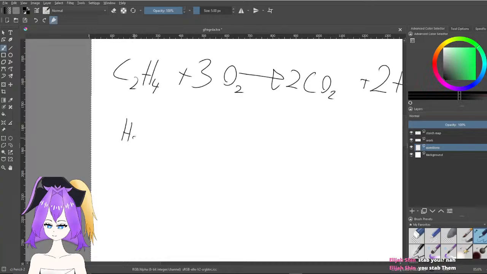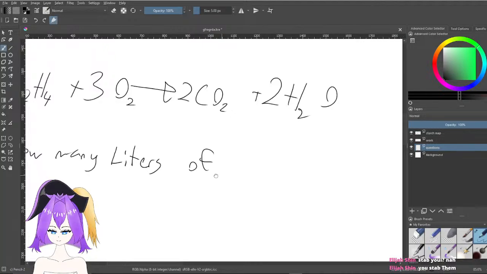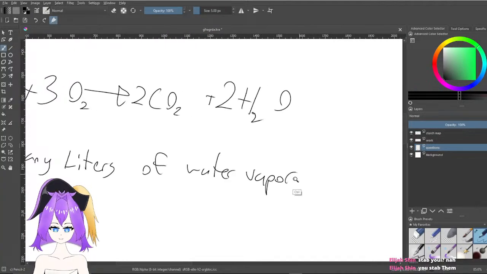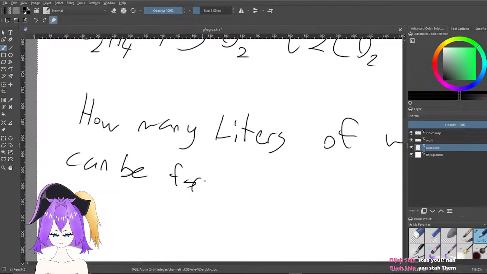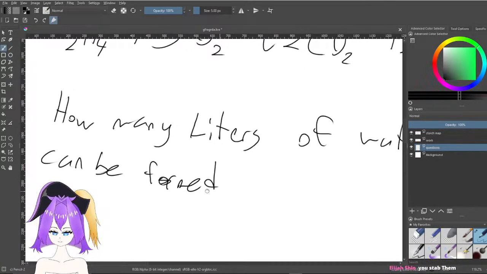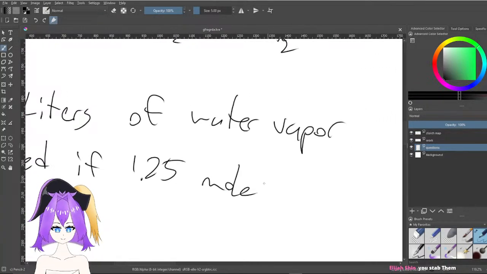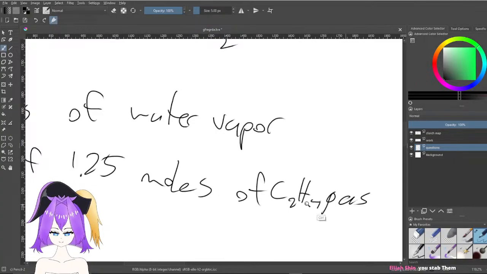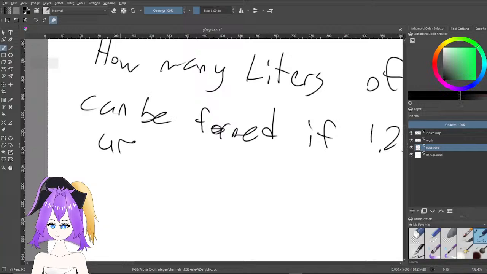How many liters of water vapor can be formed if 1.25 moles of C2H4 gas are consumed?